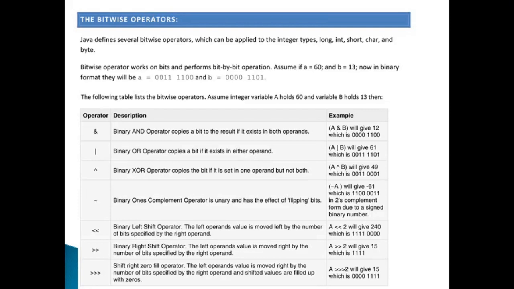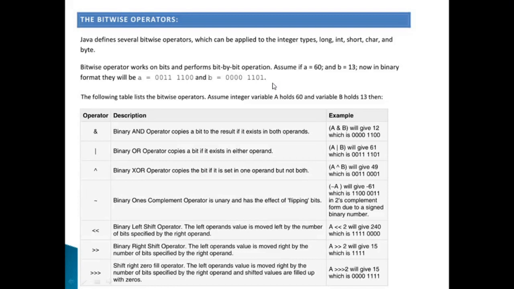So here we see an example. Suppose A is 60 and B is 13. If we convert them into binary, A will become 0011 1100, and B will become 0000 1101.